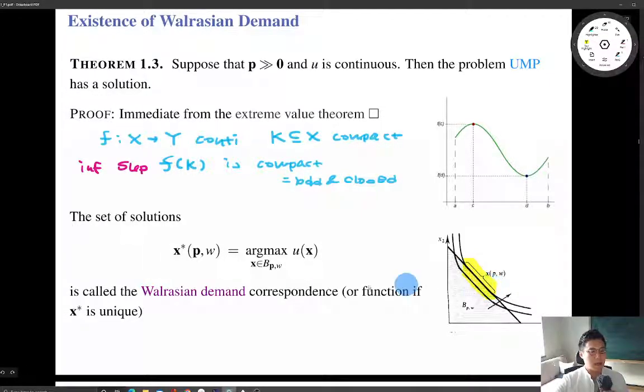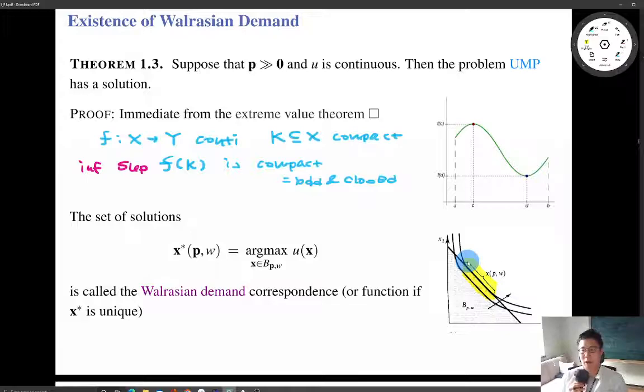Okay, so that is a Walrasian demand, and it's not necessarily single. So we don't have to have just a single solution. In those exceptional cases, we may have a multi-valued Walrasian demand.